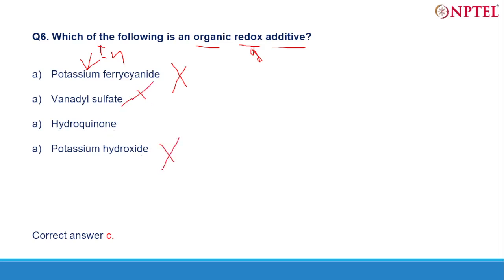Third is potassium hydroxide. This cannot be, because potassium doesn't have any carbon origin. And the fourth is hydroquinone. Hydroquinone has carbon atoms, so this is basically the organic redox additive. The correct answer is C.